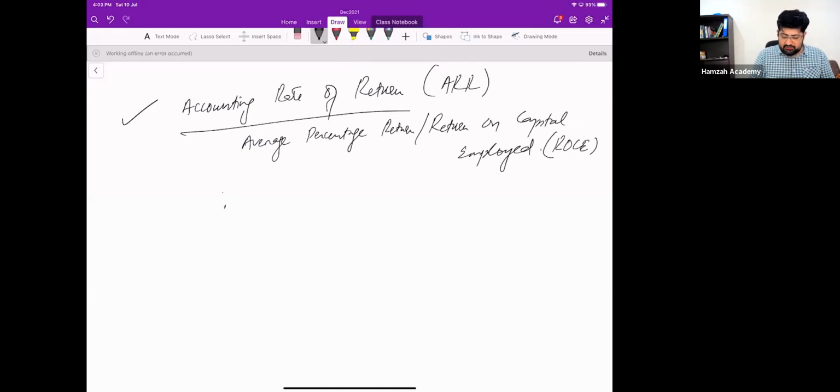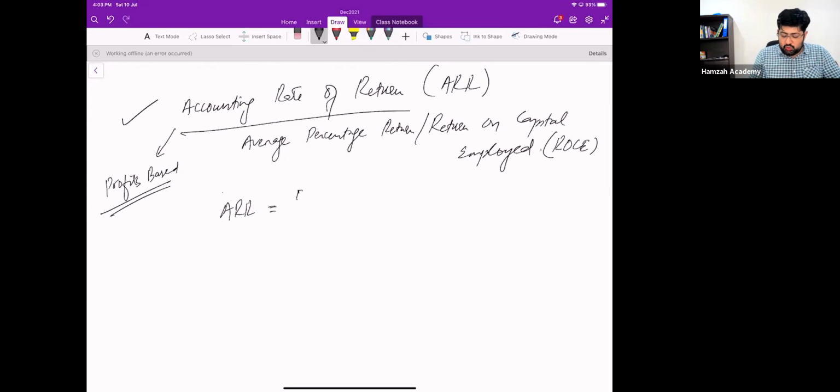So how is ARR calculated for a project? Remember, it is the only technique which is profit based. Only technique.